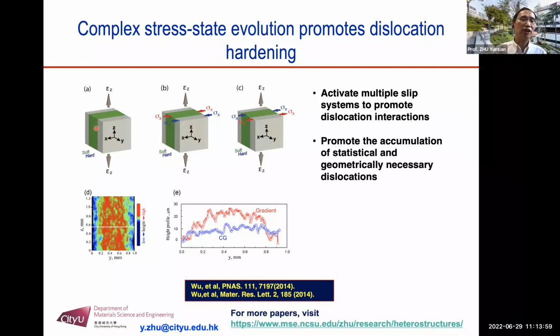How much you shrink depends on the Poisson's ratio. For most materials, the Poisson's ratio is 0.3, which means if you elongate 1%, the side will shrink by 0.3%. However, for plastic deformation, if we elongate 1%, the side will shrink by 0.5%, which means the center will shrink faster than the surface layer.